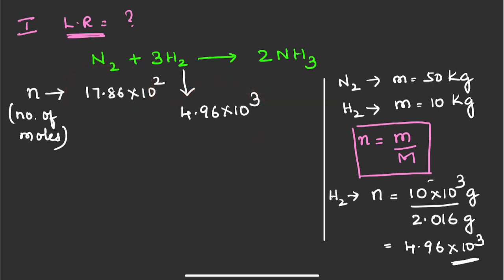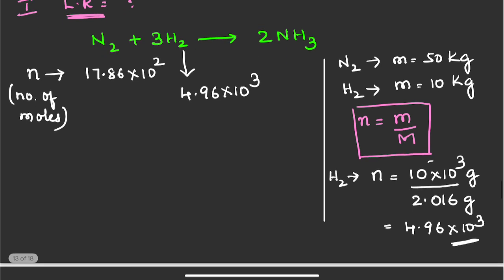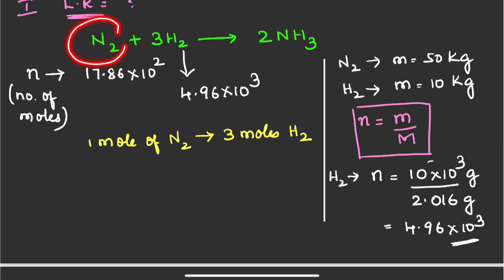For that, according to the balanced chemical equation, for 1 mole of N2, 3 moles of hydrogen are required.